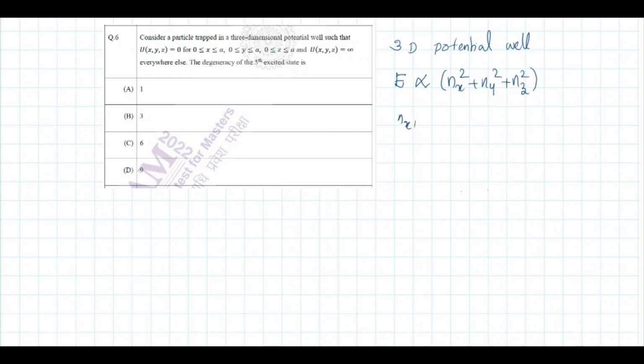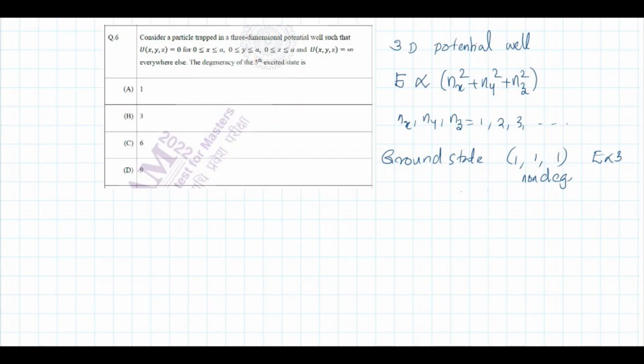They can take only integer values 1, 2, 3, etc. So the lowest value of nx, ny, nz is 1. The ground state is the one with nx 1, ny 1 and nz 1, and then energy will be proportional to 3, and it is a non-degenerate state.